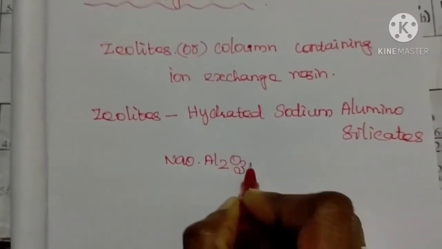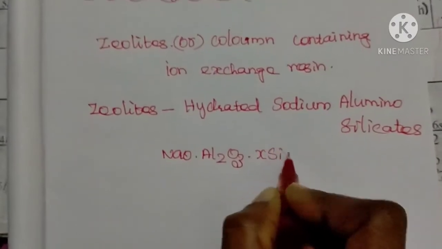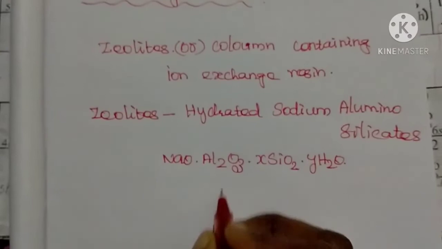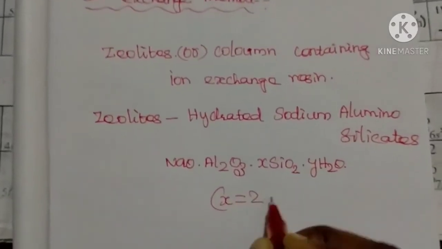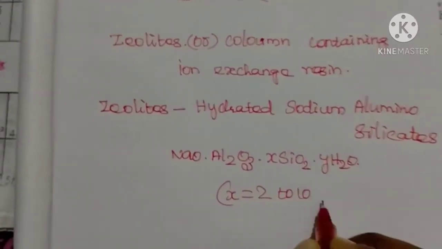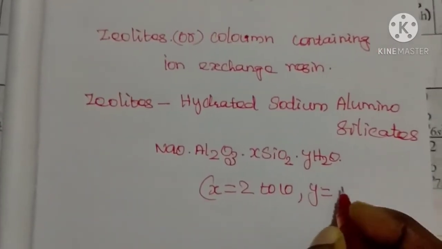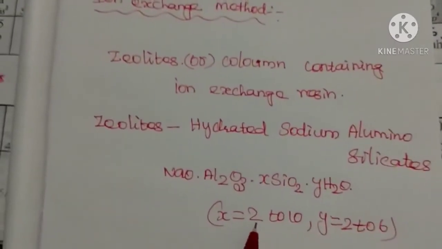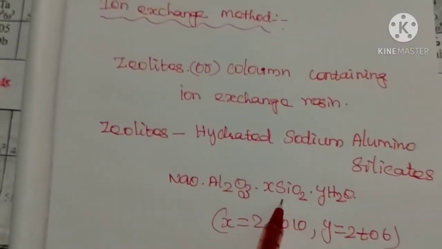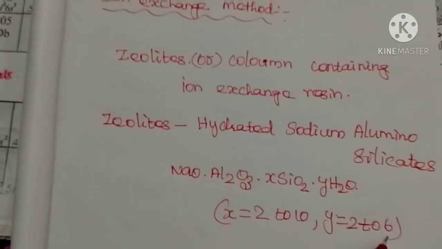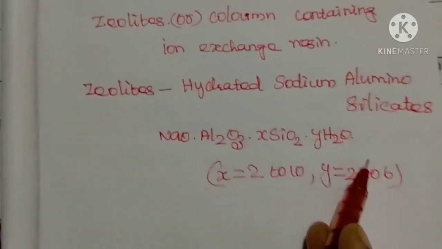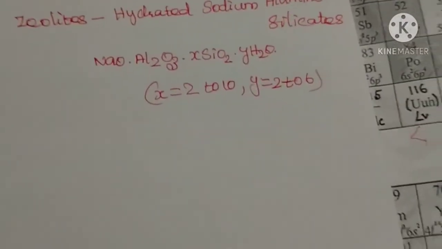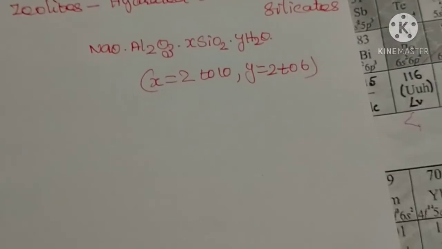The formula of hydrated sodium aluminosilicate is Na2O.Al2O3.xSiO2.yH2O. Here the range of x is 2 to 10 and the range of y is 2 to 6. So you can use 2 to 10 moles of SiO2 and 2 to 6 moles of H2O in the zeolites.